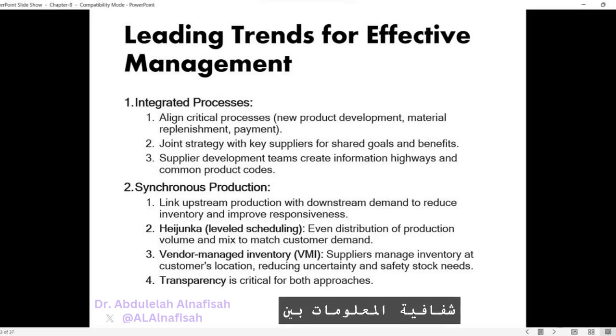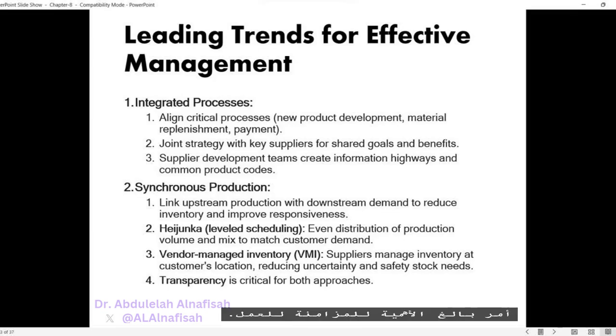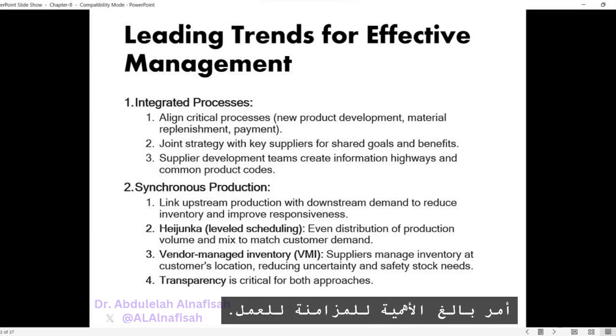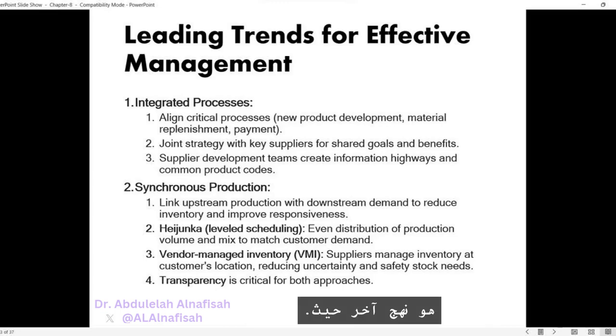Transparency of information between suppliers and customers is crucial for synchronization to work. Vendor-managed inventory, VMI, is another approach where suppliers take responsibility for planning and controlling inventory at the customer, reducing uncertainty and the need for safety stock.